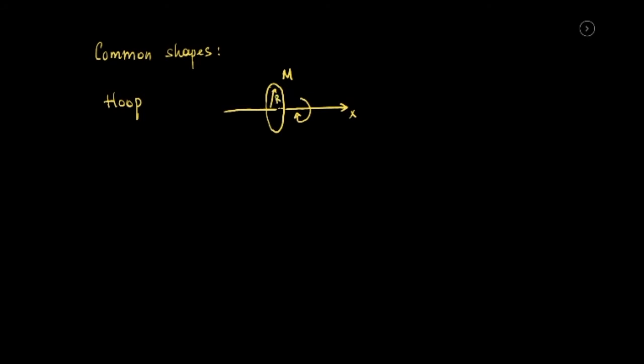Then the moment of inertia of this hoop I is equal to m r squared.